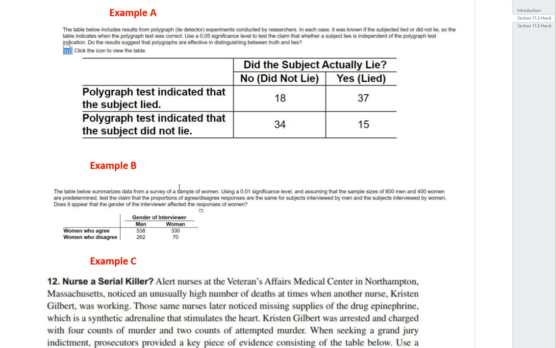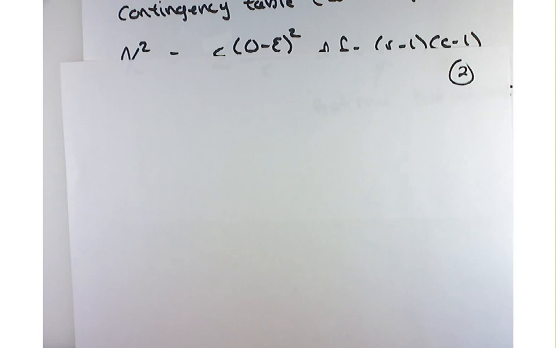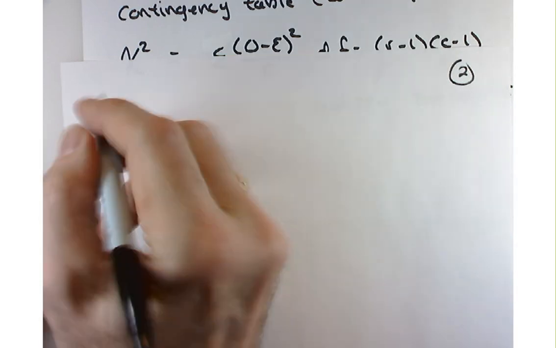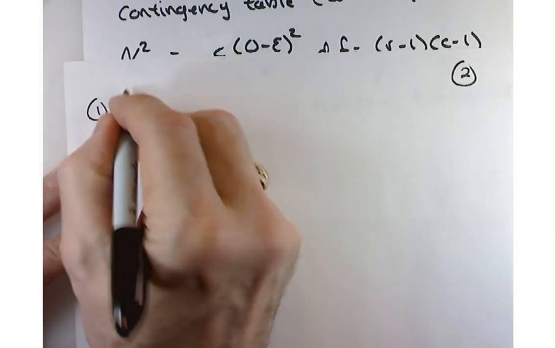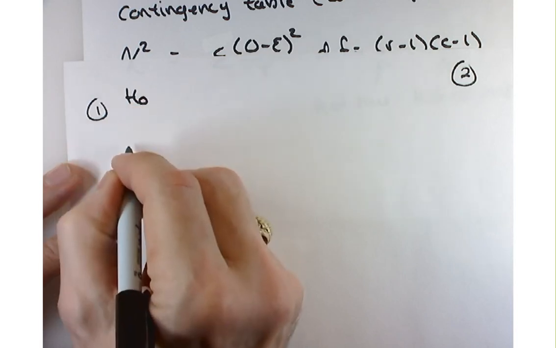All right. Let's start out with stating H0 and HA. And I'll be pretty relaxed about this as long as you're saying something similar to what I'm going to say right here. So our first step is always to state H0 and HA.